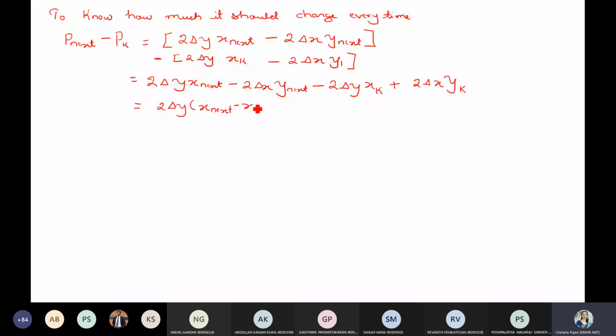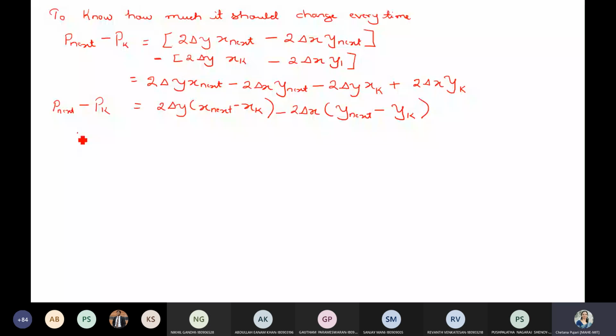Similarly, take your 2 delta x as common, you have y next minus yk. Right? So we got this equation. Once you substitute the equation for p next and pk, you just remove the bracket and rewrite it in this format.